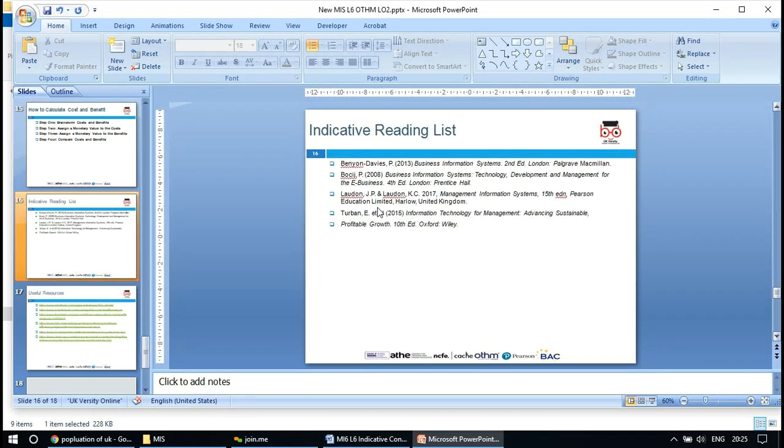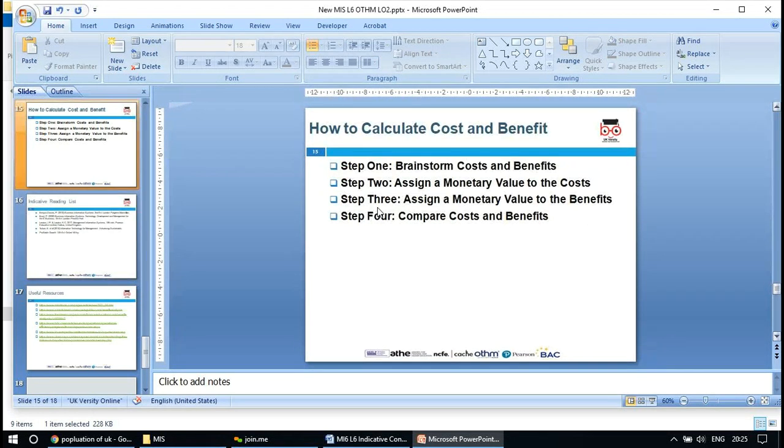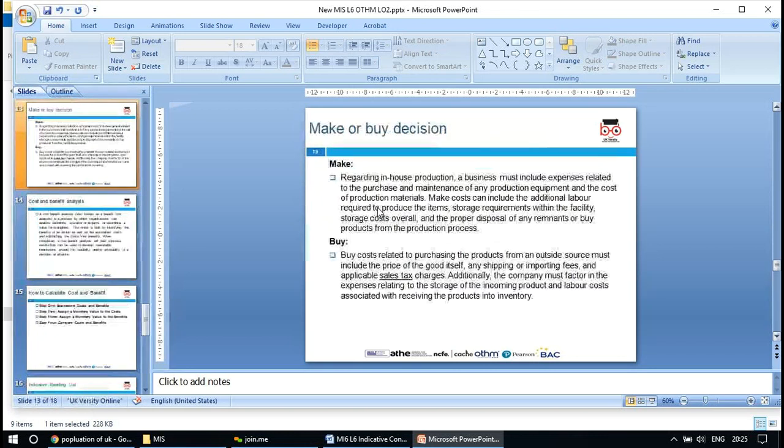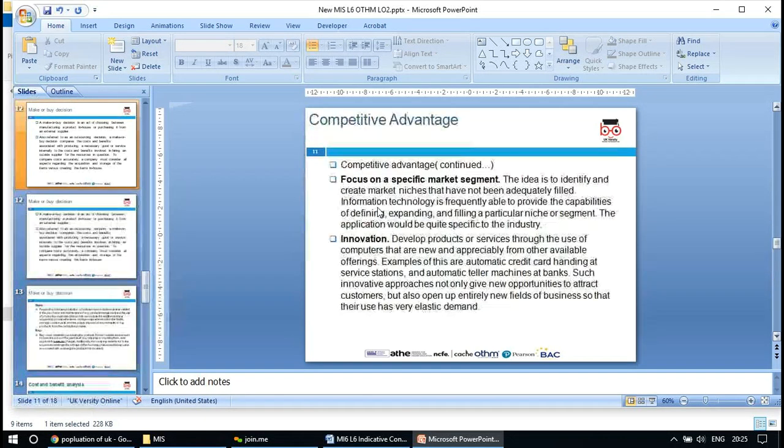These are the terms used in organizations for introducing change basically. If they want to introduce a change and expect value-added outputs, then they look at the cost and benefit, as well as the make or buy decisions.